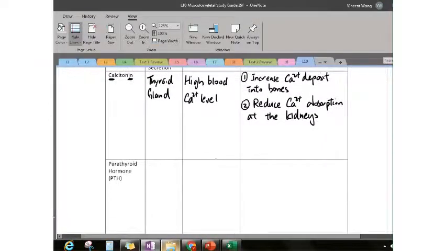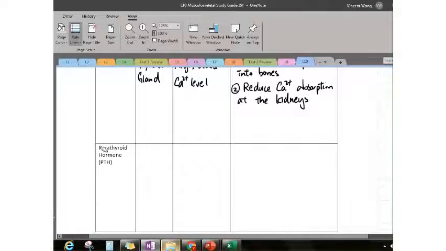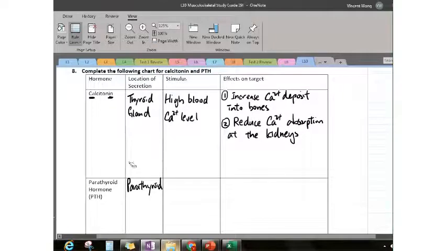Okay? On the other hand, we have parathyroid hormone, PTH. As the name suggests, the parathyroid hormone comes from the parathyroid, and that's going to be 4 small glands located on the back of your thyroid gland. And the stimulus, the trigger for PTH would be low blood calcium level.